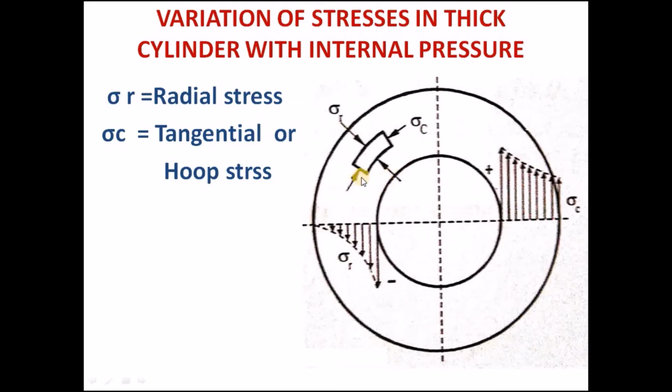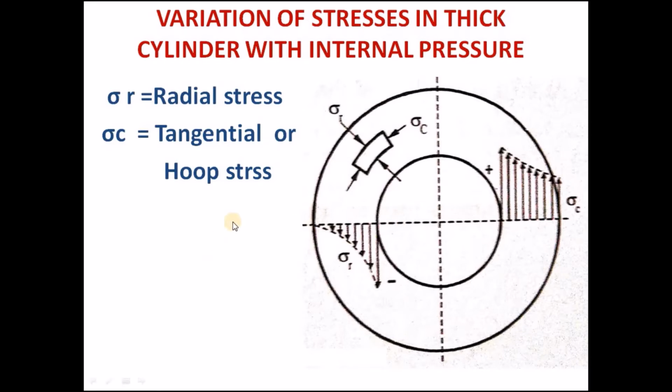Sigma r acts in the radial direction, in this direction, and the hoop stress is perpendicular, known as the tangential stress. We take the projected area in the case of the hoop stress. The stress in the direction of the arrow mark shows the radial stress. That radial stress is negligible in thin cylinder design. We are not taking sigma r at the time of designing thin cylinders.